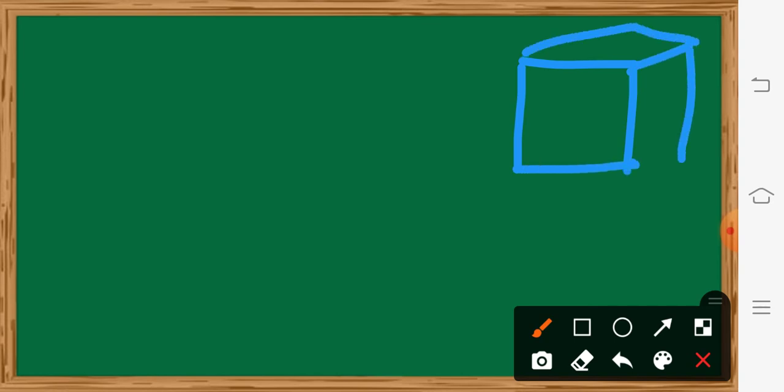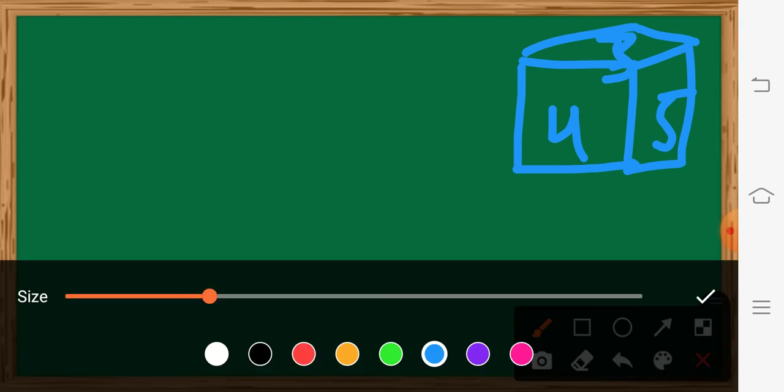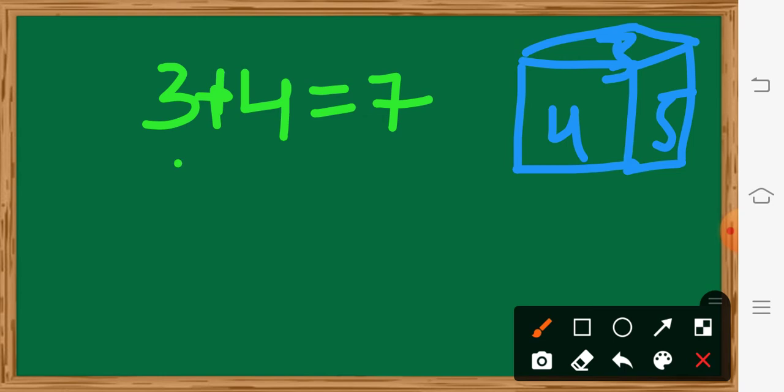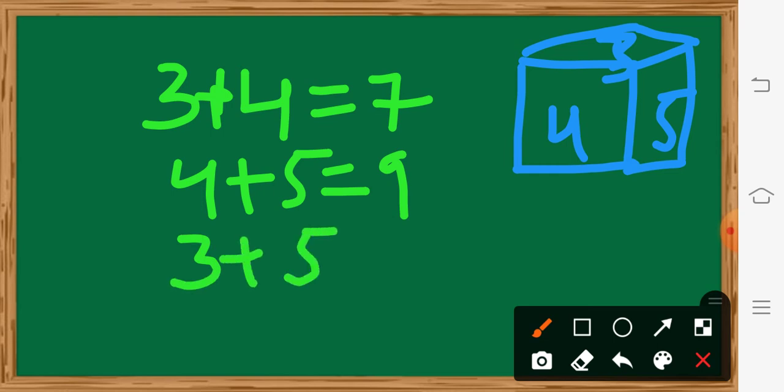Here we observe this is 3. 3 plus 4 equals 7. 4 plus 5 equals 9. 3 plus 5 equals 8.